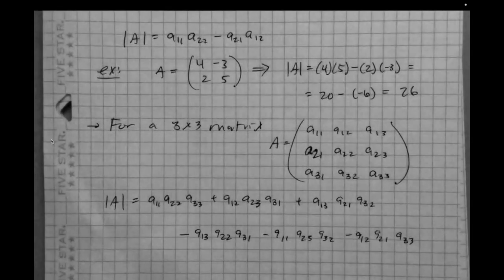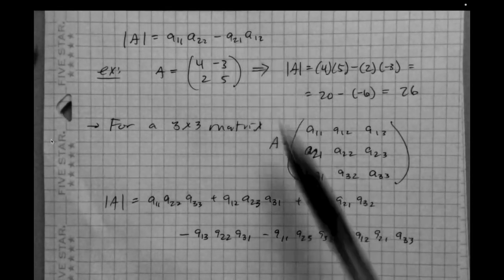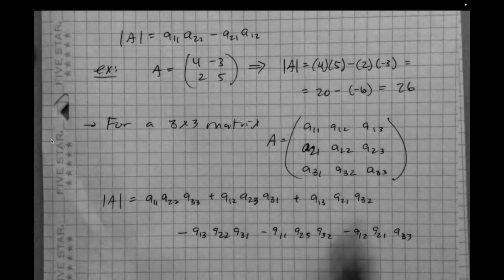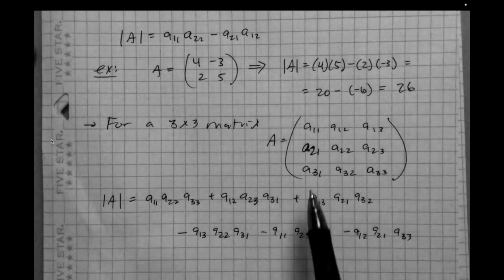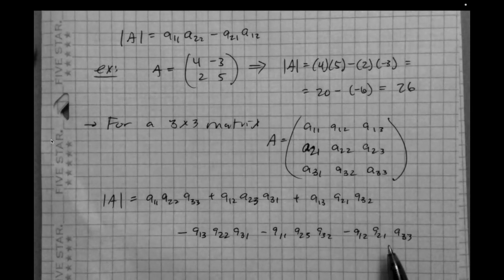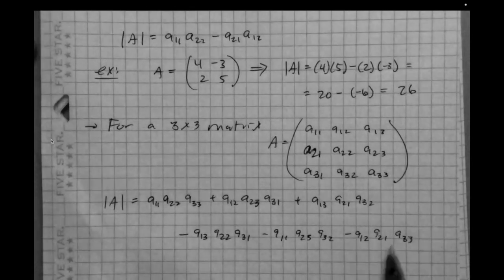Now you can see, just going from a 2x2 to a 3x3, the complexity of the calculation grows very rapidly, right? So you can only imagine what the sort of brute force calculation for a 4x4 determinant would look like. It'd be much, much larger yet.